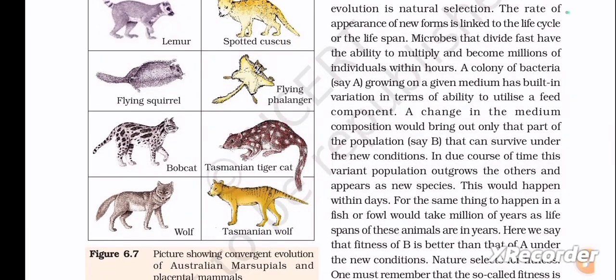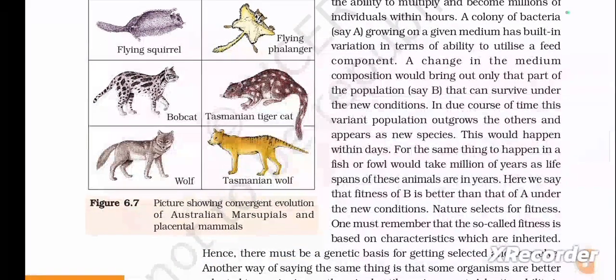A colony of bacteria, say A, growing on a given medium has built-in variation in terms of ability to utilize a feed component. A change in the medium composition would bring out only that part of the population, say B, that can survive under the new conditions. In due course of time, this variant population outgrows the others and appears as new species.